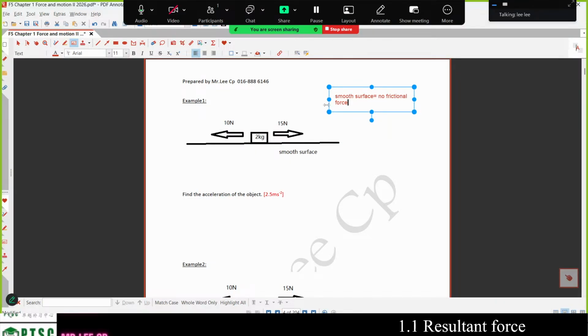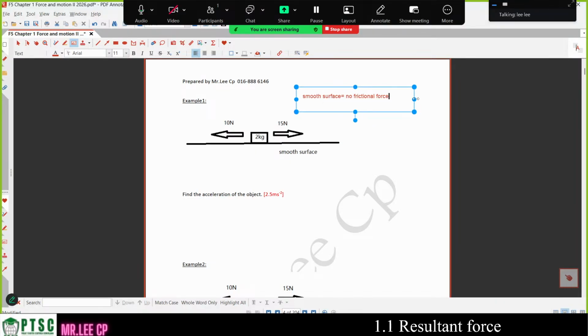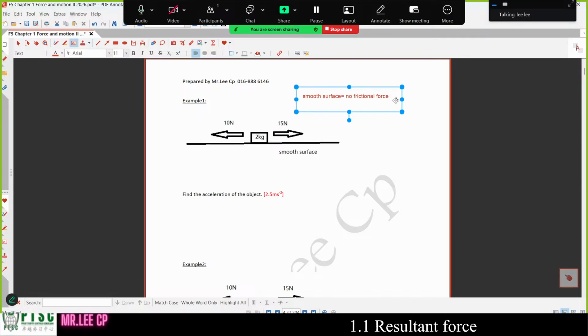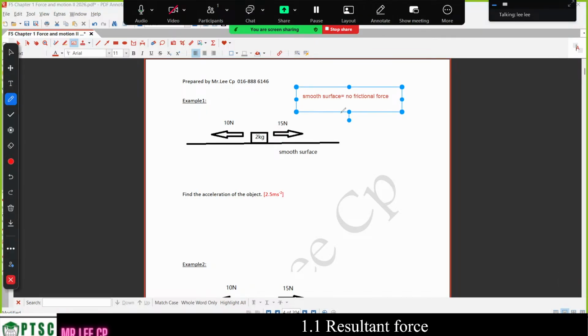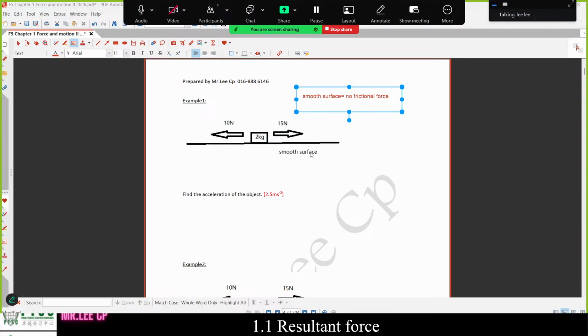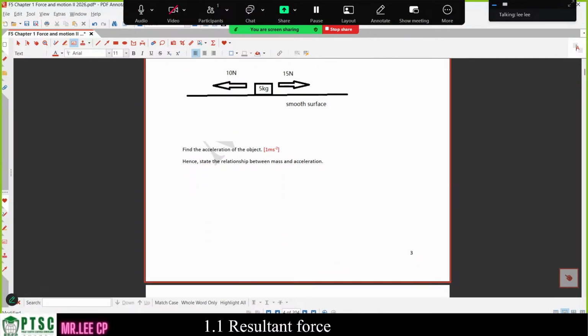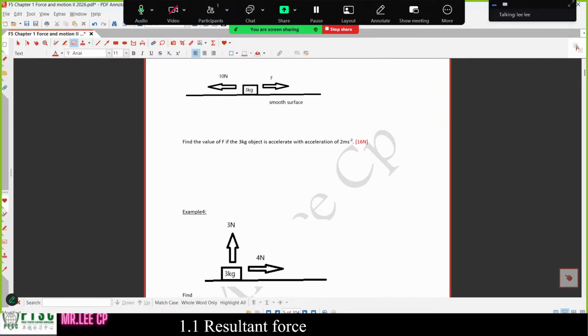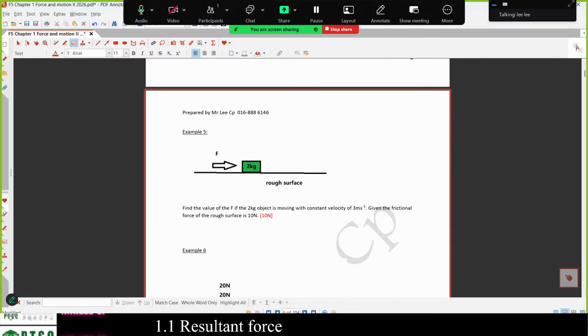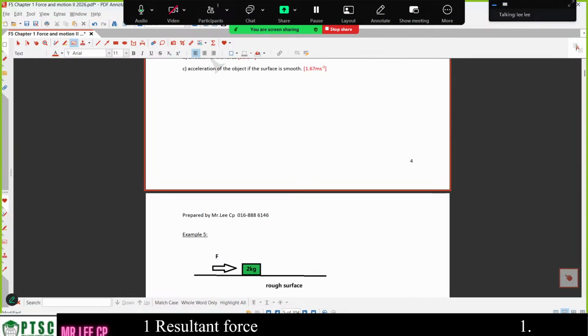No frictional force, the frictional force is equal to 0. Nothing stops you from moving forward. So when you see a smooth surface in this kind of question, it means there is no friction. What if you have friction? We are going to see later, for a rough surface for example, not now.